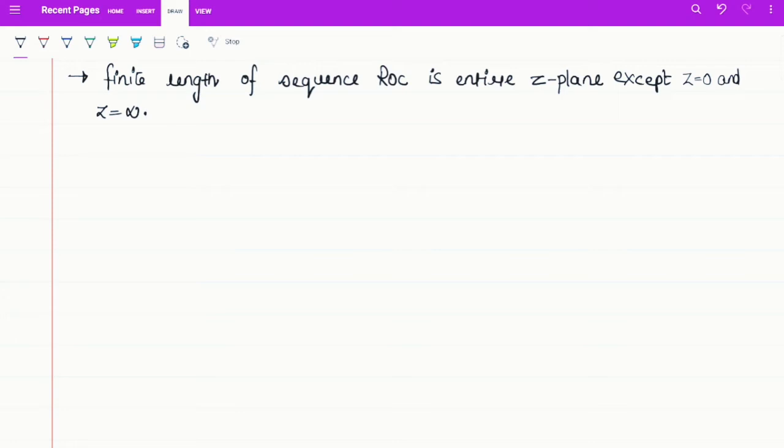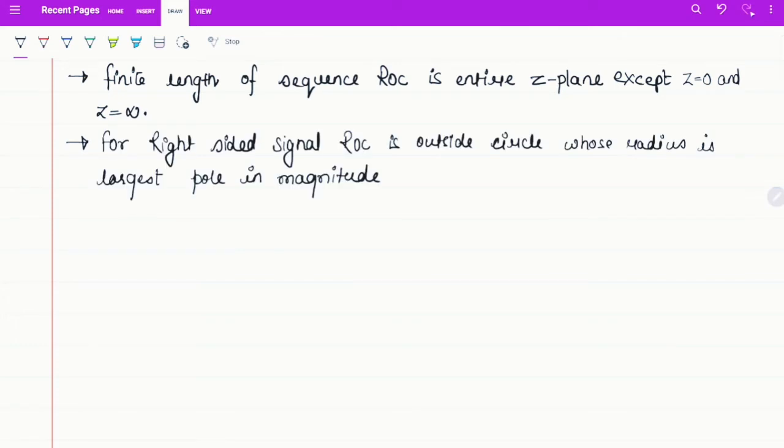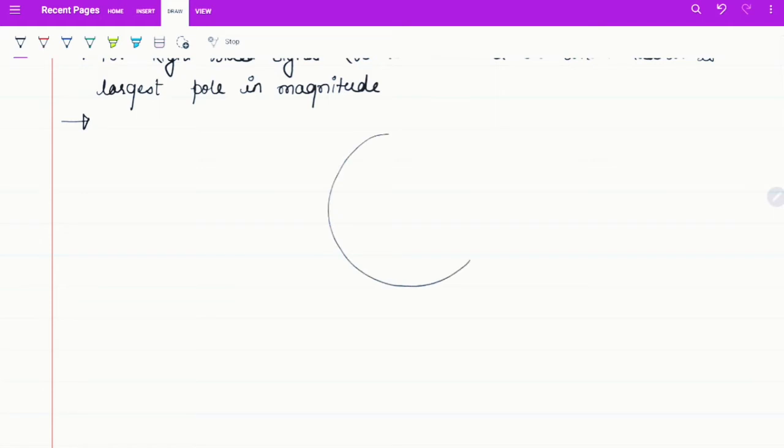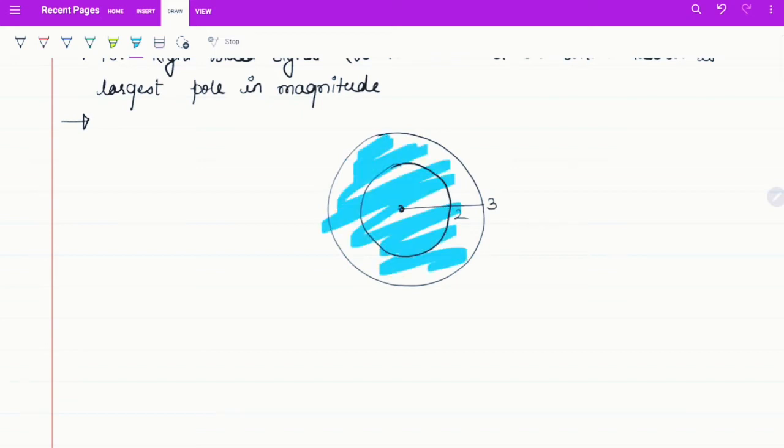Now for a left sided signal, suppose you have a pole at 3 and another pole at 2, and both are left sided signals. So the region of convergence for 3 is inside its circle and for 2 is inside its circle. We select the common region of convergence, that is this one.